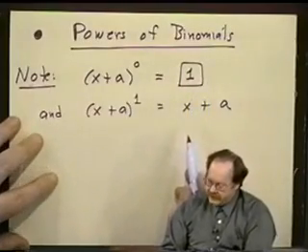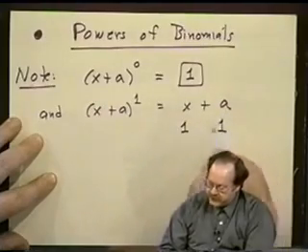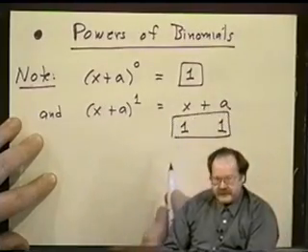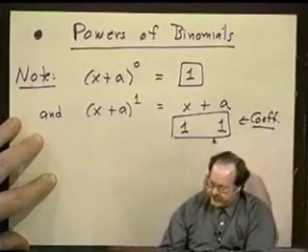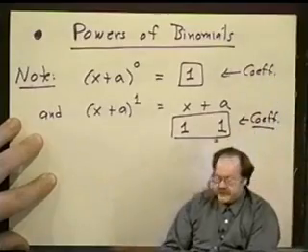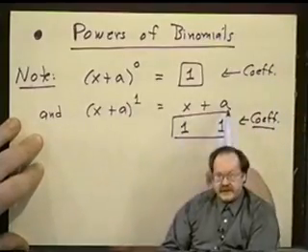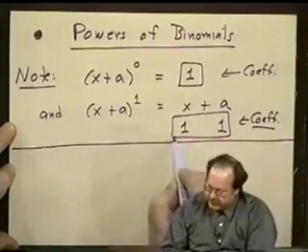I'm going to do something else here. The x has coefficient 1. The a has coefficient 1. Let me just box that in for the time being. I'll have an ulterior motive for doing this later. So you can think of this first one here also as a coefficient, but these two are certainly coefficients of x and a. All right. Now just put that on the back burner for a moment.